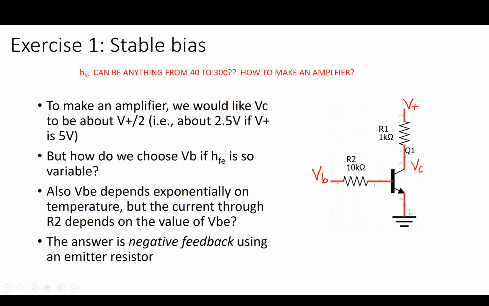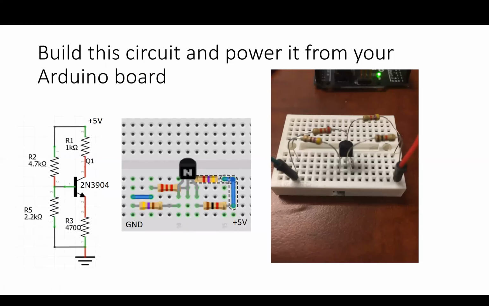So in other words, we reduce the gain of our circuit deliberately by putting a resistor in the emitter lead. So we're going to go ahead and make this circuit, and we'll understand it fully after we've done some measurements on it. But let's just go ahead and put it together. So here's our 1 kilo ohm in the collector lead still. Notice we've now put 470 ohms, here's the color code for it, in the emitter.